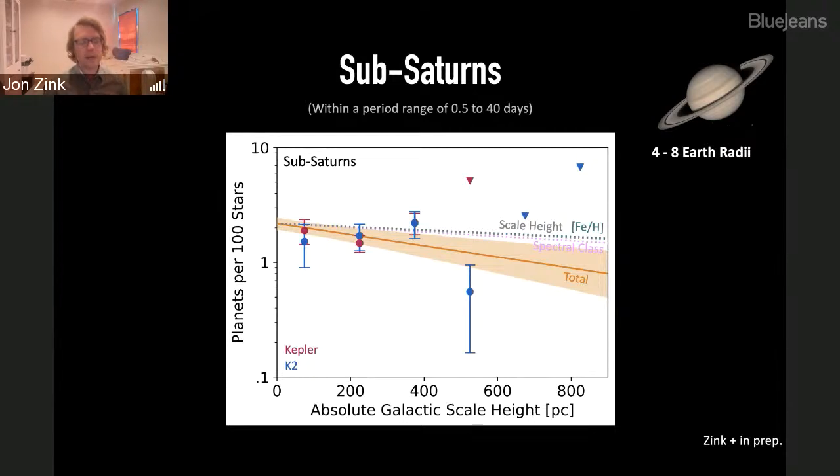Basically, the hotter stars have reduced planet occurrence, and hotter stars tend to be easier to observe when we think about things that are high up in scale height. So this trend seems to be, again, mostly dominated by this spectral class occurrence feature. So far, nothing new. It seems like everything we knew about spectral class and metallicity dictates exactly what we'd expect when we think about going upward or downward in scale height.